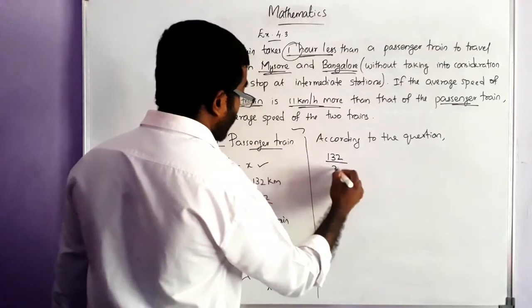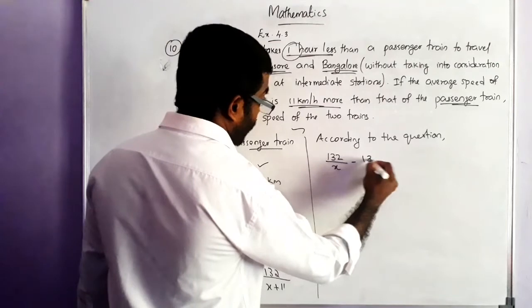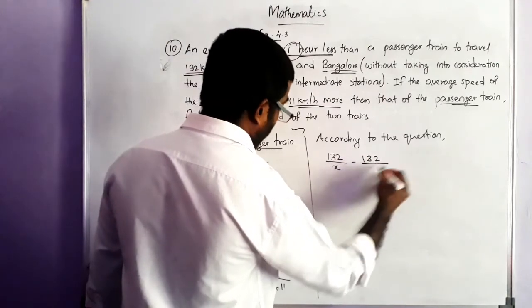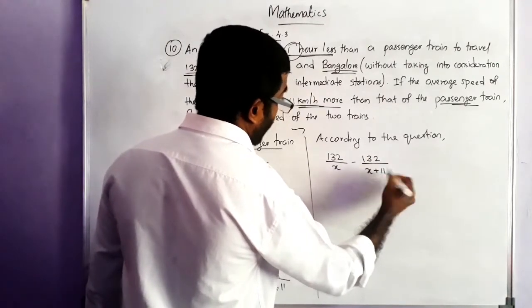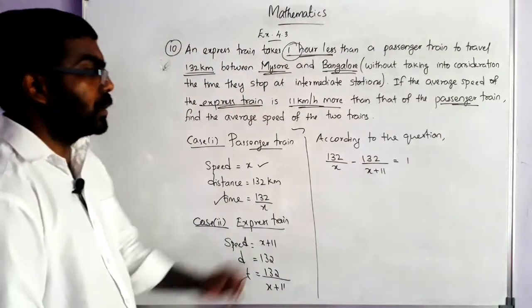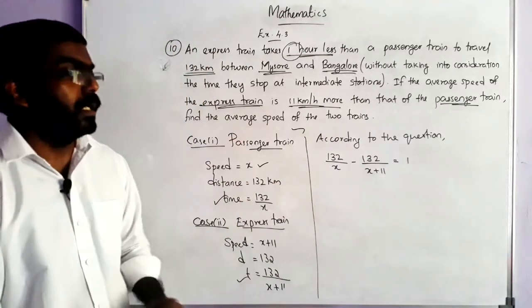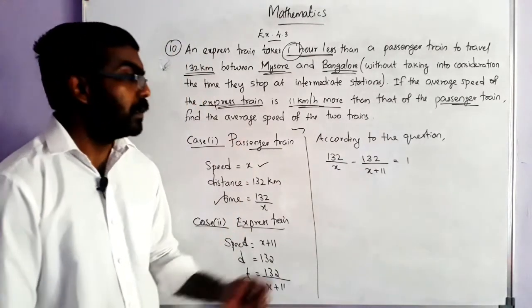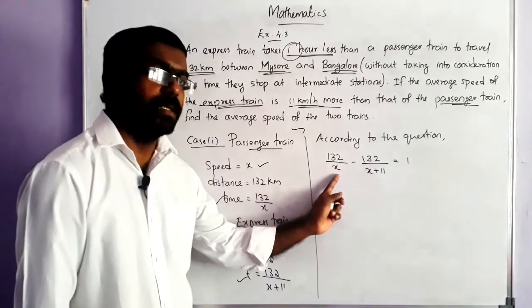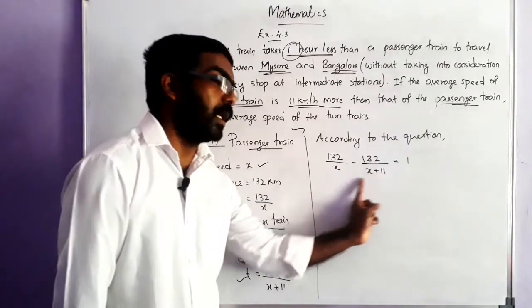132 divided by x minus, here the express train takes less time, so 132 divided by x plus 11, which is equal to 1. Understood? As the denominator increases, the value of the fraction decreases. Here the denominator is x, and here the denominator is x plus 11, so the denominator increases.